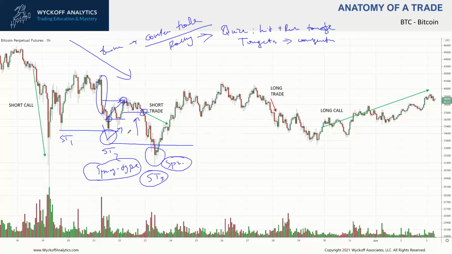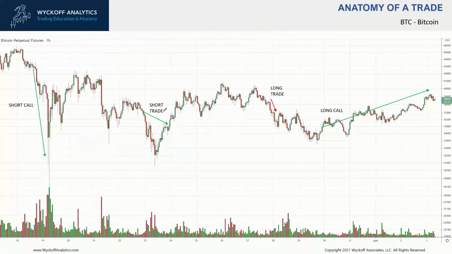But I would say it's a trade for a professional trader. Very advanced. Yeah, it not only recognizes what the opportunity is, but also can execute it so precisely. So my preference is not even to teach that.